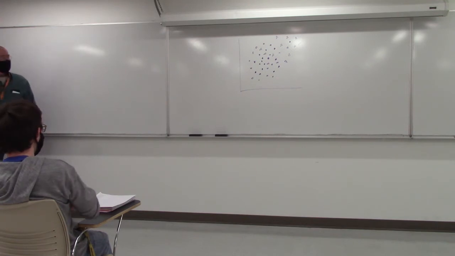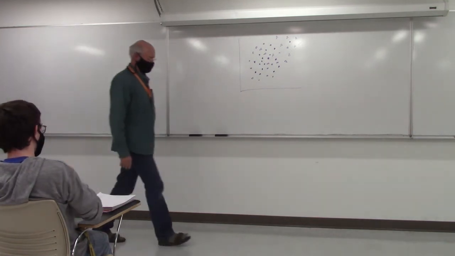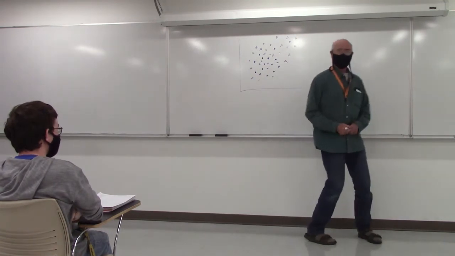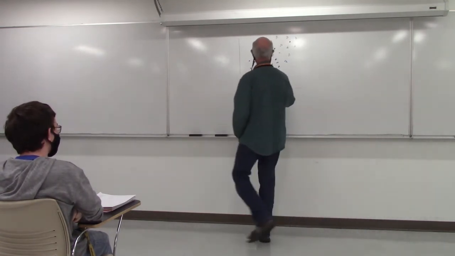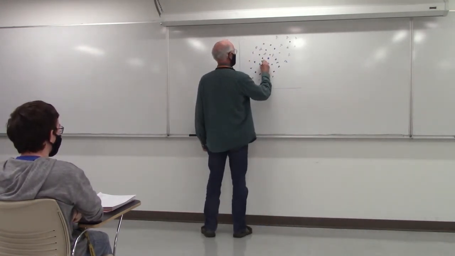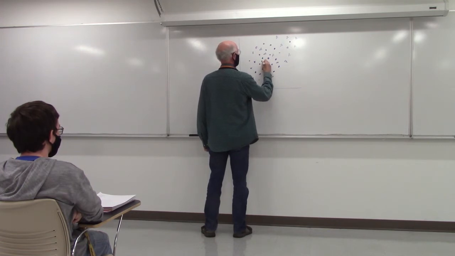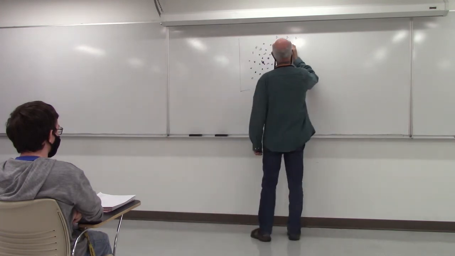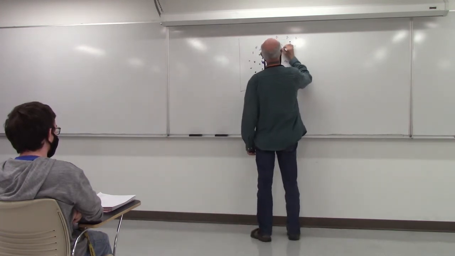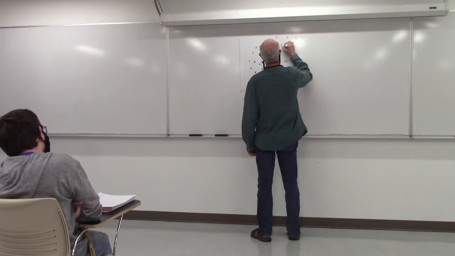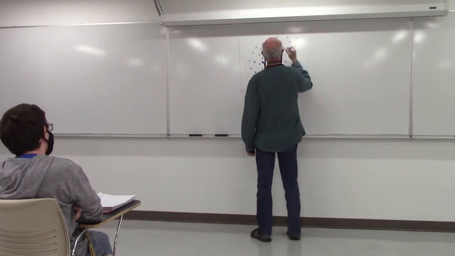Find the average location on the X and Y for each group. Yeah, that would be one start. So you find the average of all the little dots, and it's a point right there. And you find the average for all of the triangles. And it's a point right there.